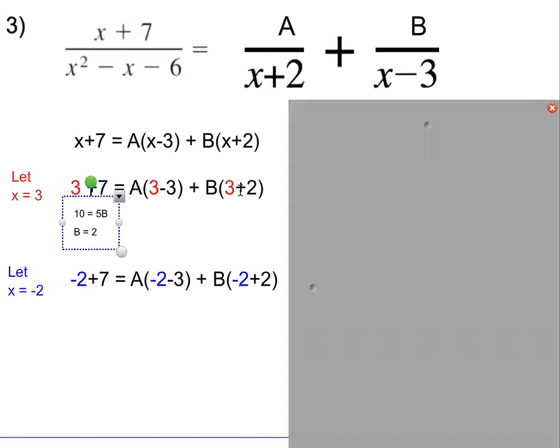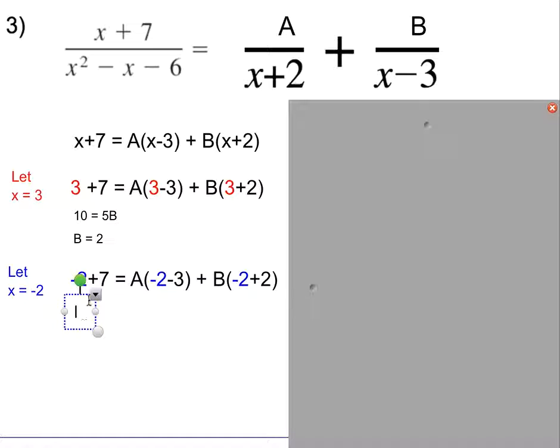Okay, and then in this method, if you look at this factor that I'm circling, x plus 2, negative 2 would give you 0, so negative 2 plus 2 gives you 0, so these would cancel. And then we have negative 2 minus 3 is negative 5.